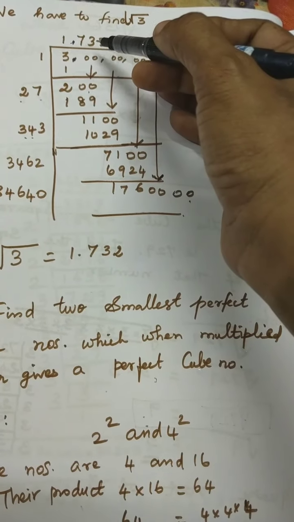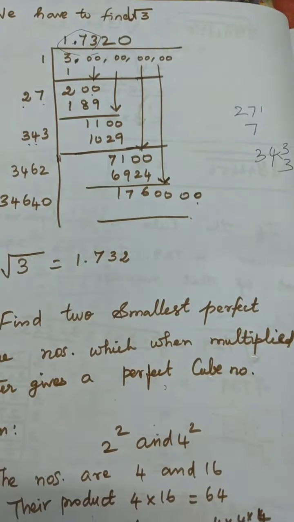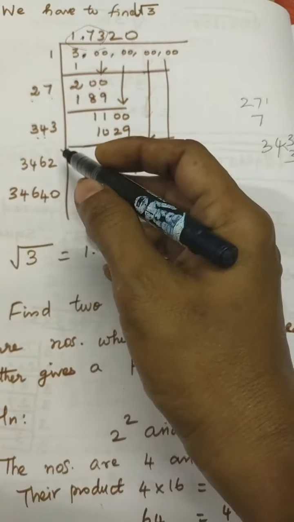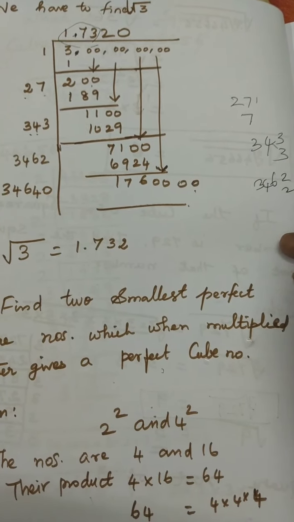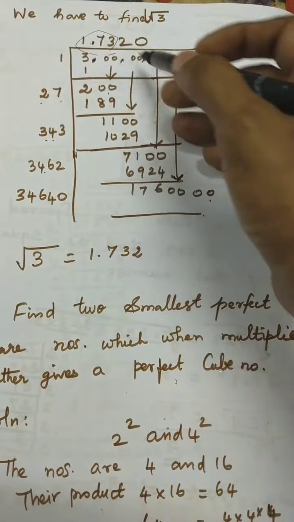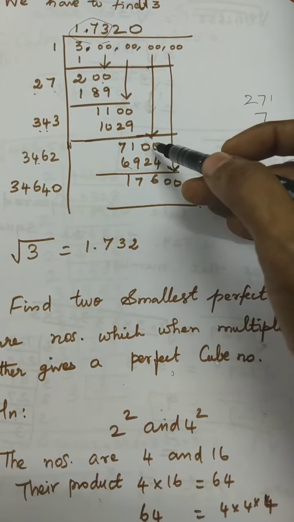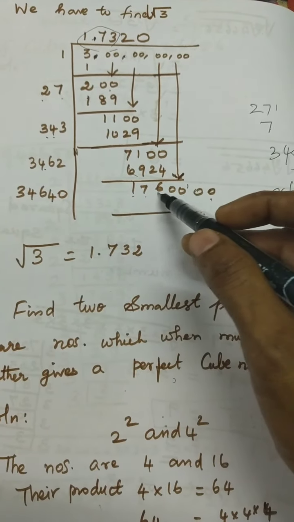You have to multiply this 173 by 2, then it will be 346. With 346 we are multiplying 2, 2. So 2 2 we are writing, and write 6924, and again you subtract, and it will come this much, 17600.